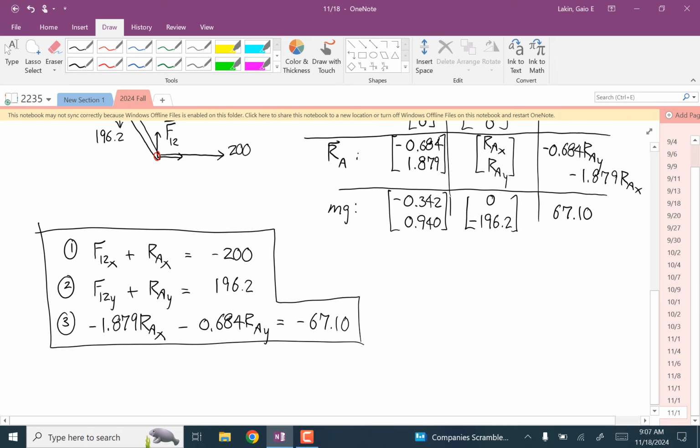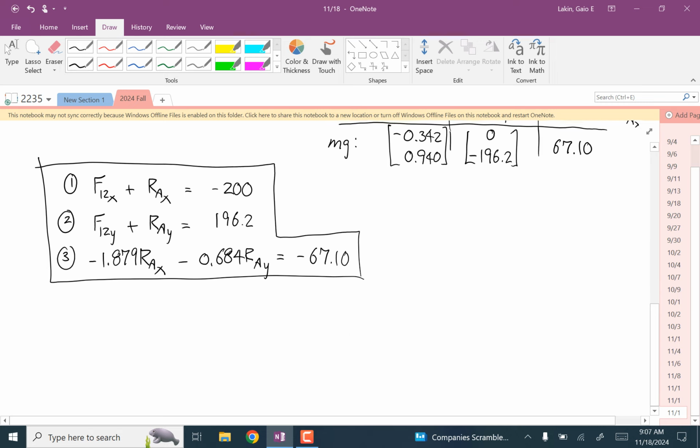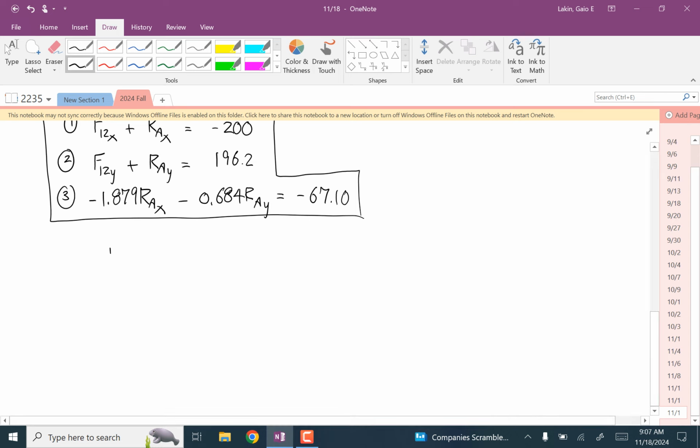Okay. And then we'll go to the second body. At the bottom, we have negative F12. At the middle, we have the weight force of 196.2. And then at the top, we have RC.